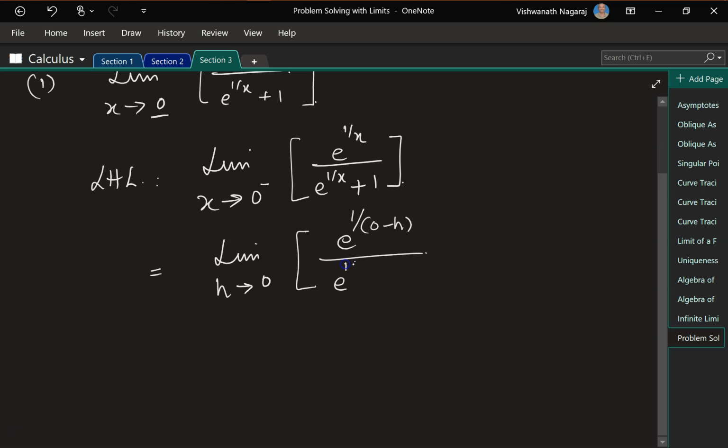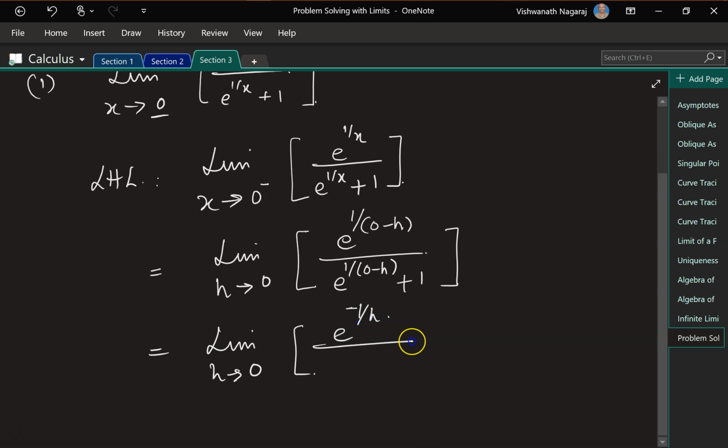Similarly, e to the power of 1 by 0 minus h plus 1. So we are going very near to 0 from the left hand side. Limit as h approaches 0 of 1 by minus h, or we can say minus 1 by h, e to the power of minus 1 by h plus 1.